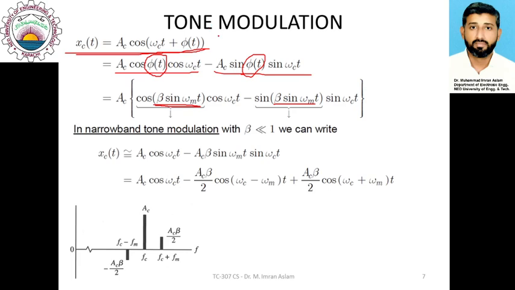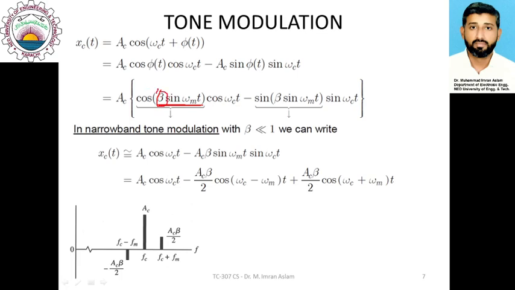So let us first correlate this tone modulation with the narrowband FM and PM signals that we discussed previously. The narrowband case occurs when beta is much smaller than 1. For the case when the beta is smaller than 1, we can make an approximation to this expression. So this is cosine of beta sine omega mt, as beta is taken as much smaller than 1.